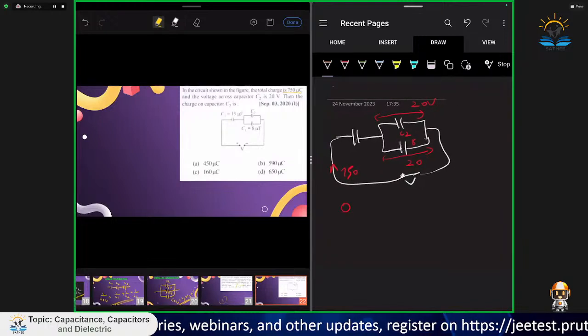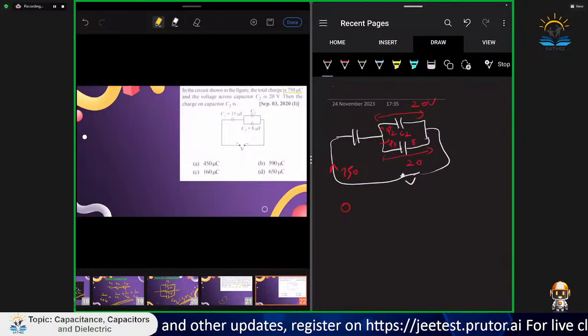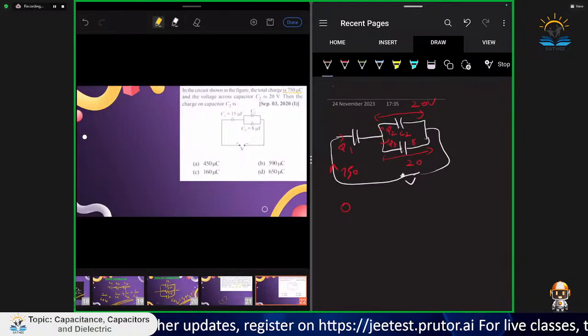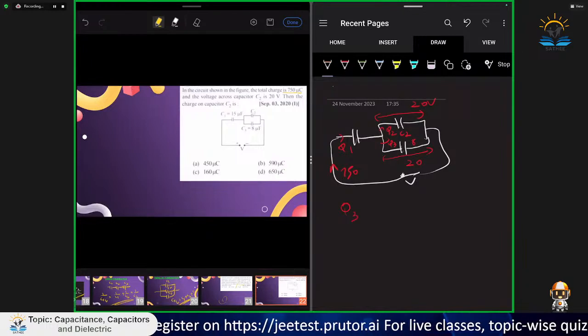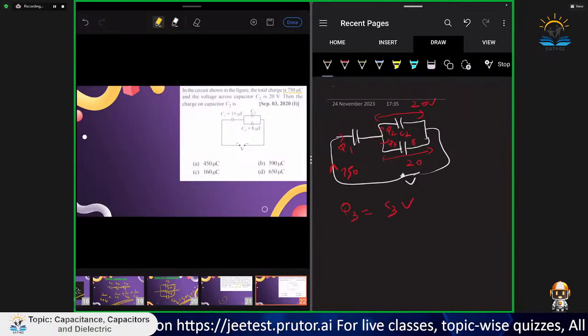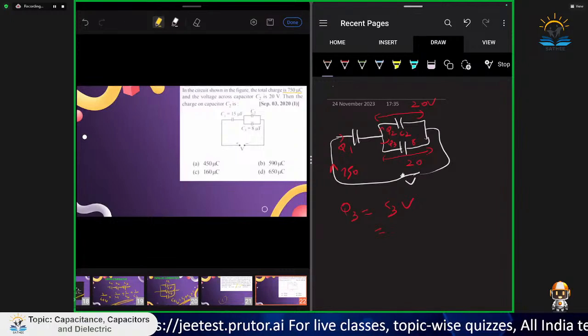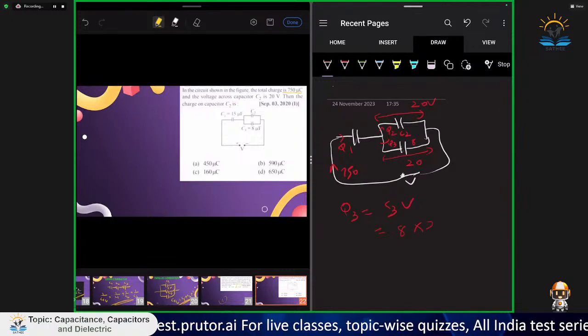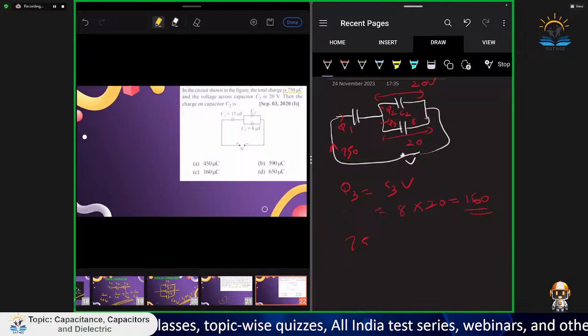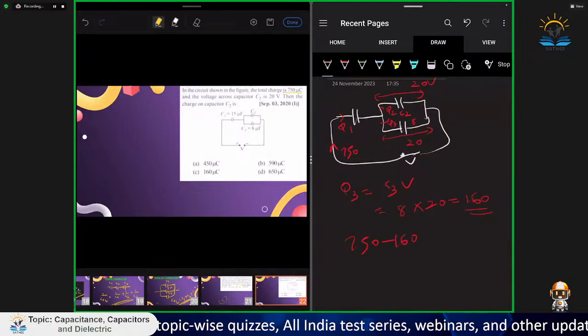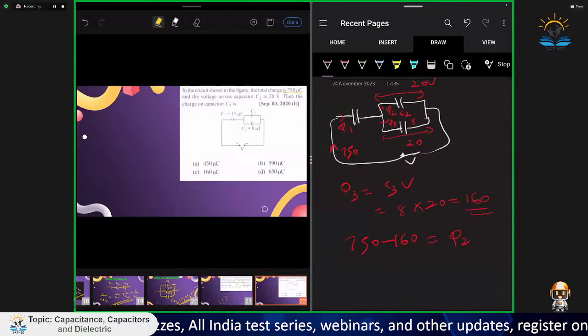This is Q2, this is Q3, this is Q1. Q1 will be 750 only. So Q3 will be C3 into V. C3 is 8 into V 20, that is 160. So 160 will flow through Q3. The remaining 750 minus 160 will flow through Q2. Easy, right?